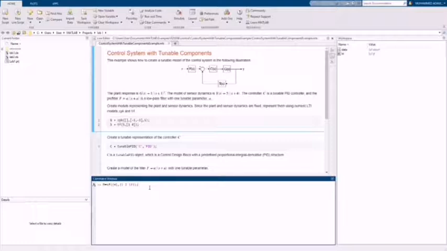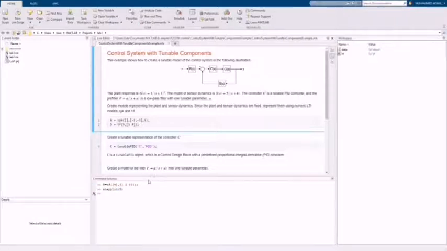To display the transfer function as a graph, we use the command step plot H, and we get this step response graph.